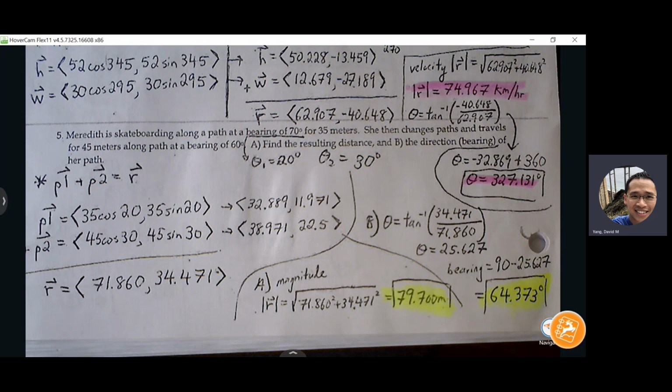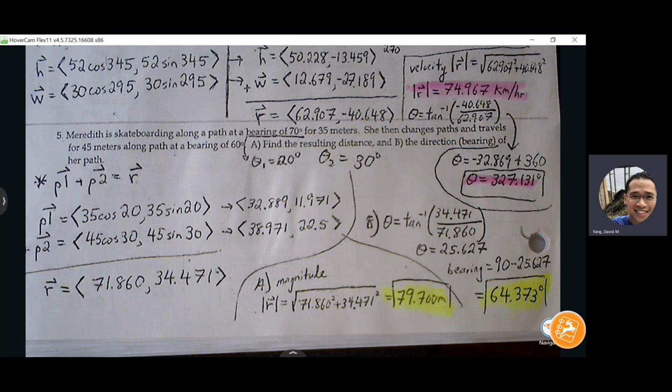So what I did was I found it in terms of the standard position. For part B, I knew that I was pointing in the first quadrant. Because of that, both my horizontal and vertical components are positive, and I got 25.627 degrees.